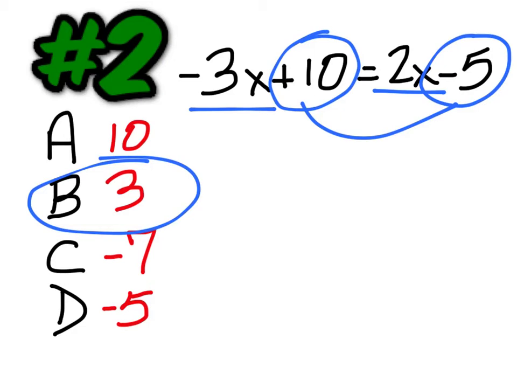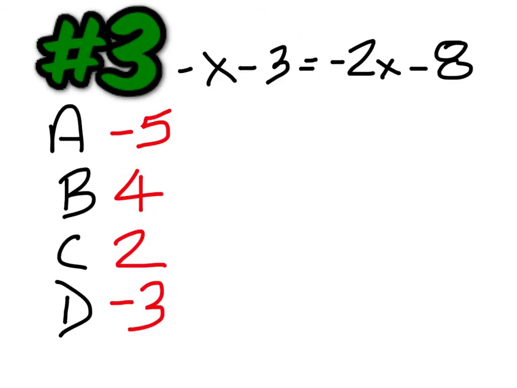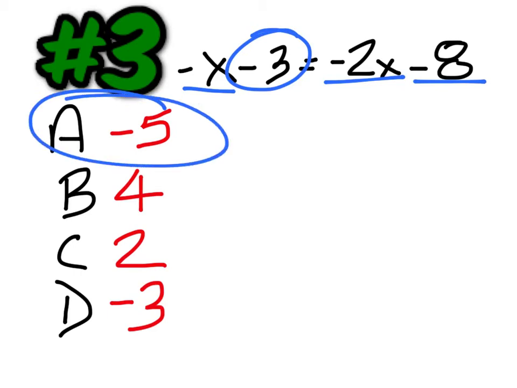So it would be B. Last one. What would be the solution to this problem? Negative 1 plus 2 is a positive 1, so it's just x. So whatever we do now is going to be the answer. Negative 8 plus 3 is negative 5.